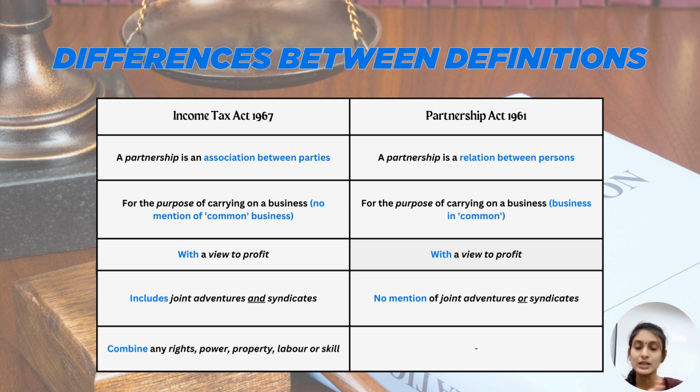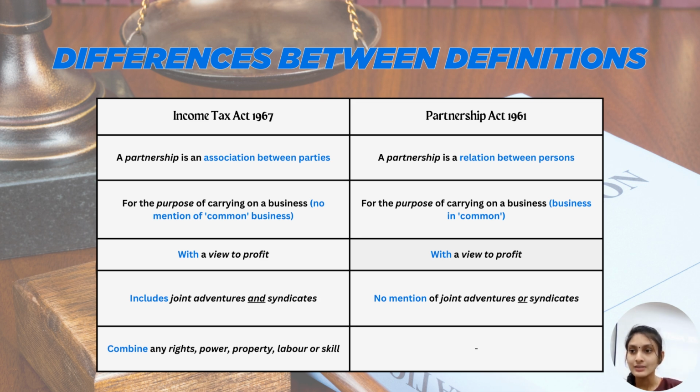They join together to carry on a business. But under the Partnership Act 1961, they mention that the business must be in common, which means both persons must carry on the same business, a common business, then they can form a partnership. Okay, and then the third point, both sections say that partnership has a view to profit.